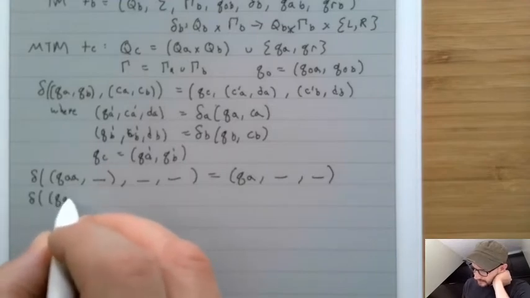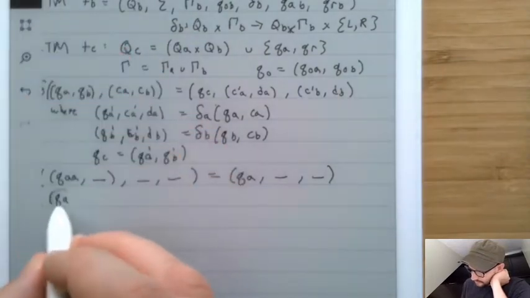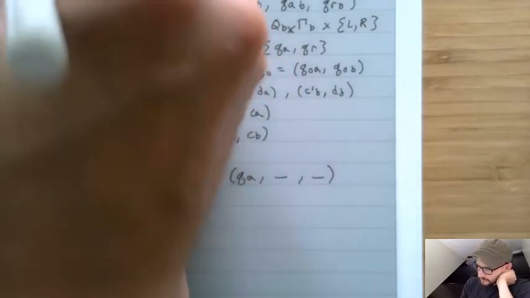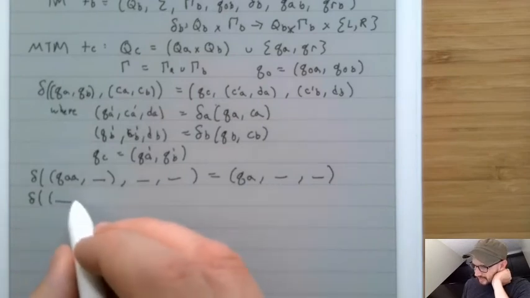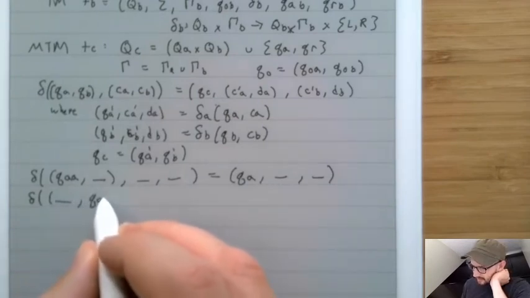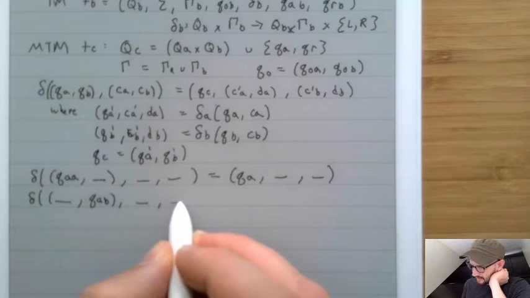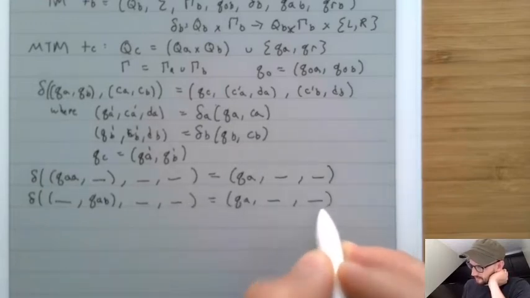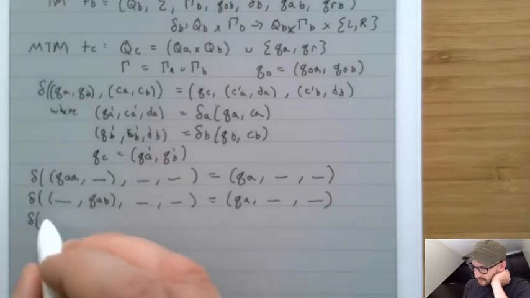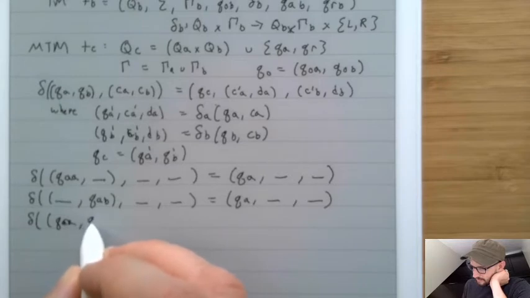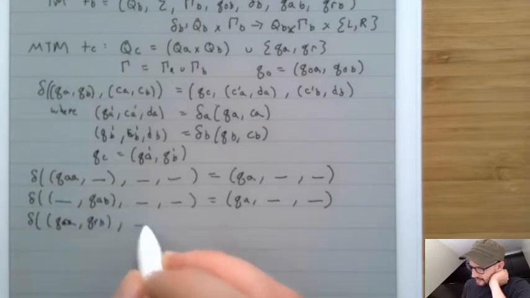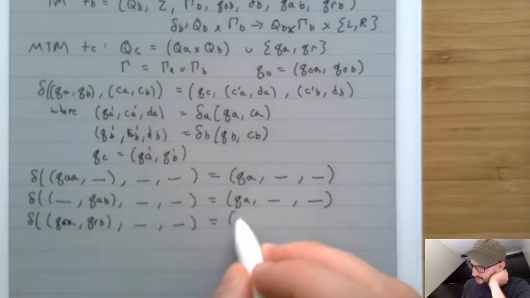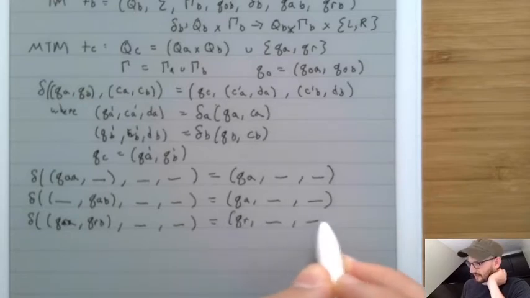We don't care what happens on the A machine, but if we get to the accept state on the B machine, and we don't care what these say, then we also go to the accept state. And if we get to the reject state in both, then in that case, we go to the reject state because it said no to both.